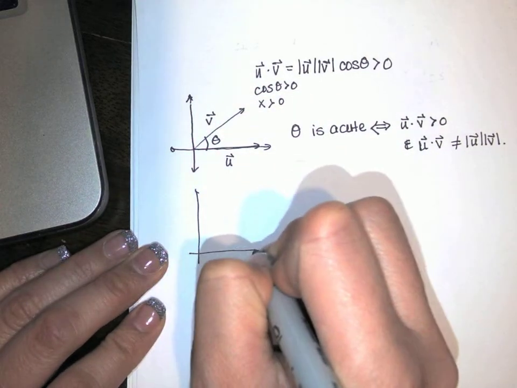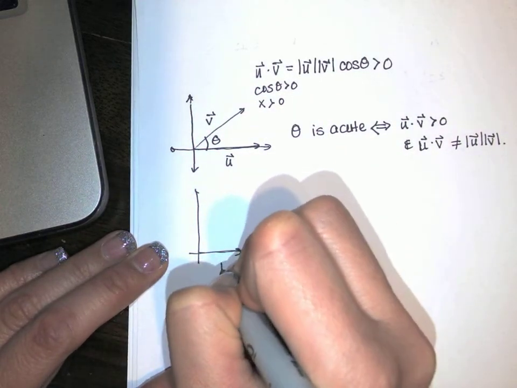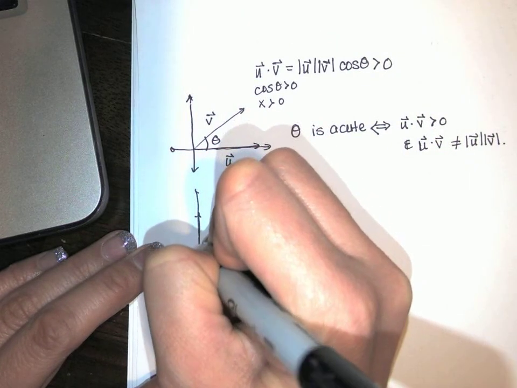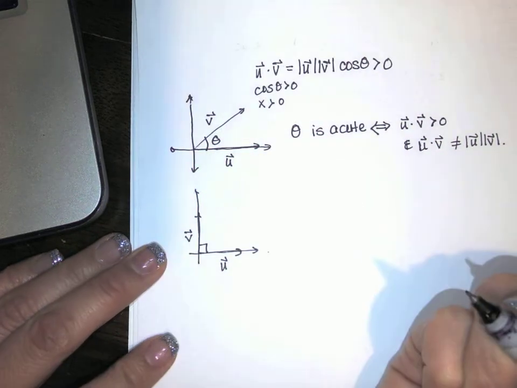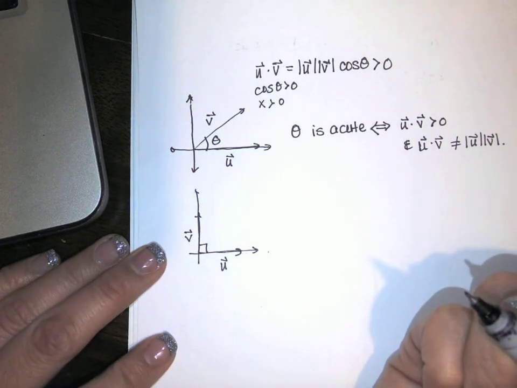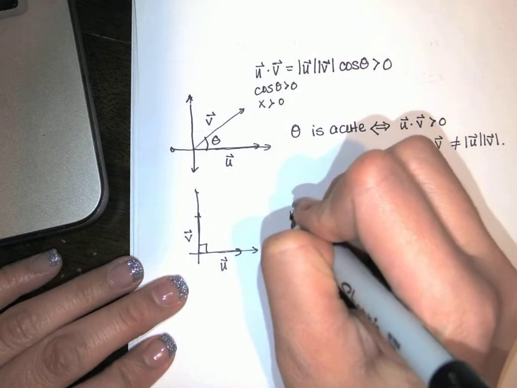Now if theta is 90 degrees, if this is u and this is v, well, cosine of 90 degrees, cosine of pi over 2 radians, remember that's 0.